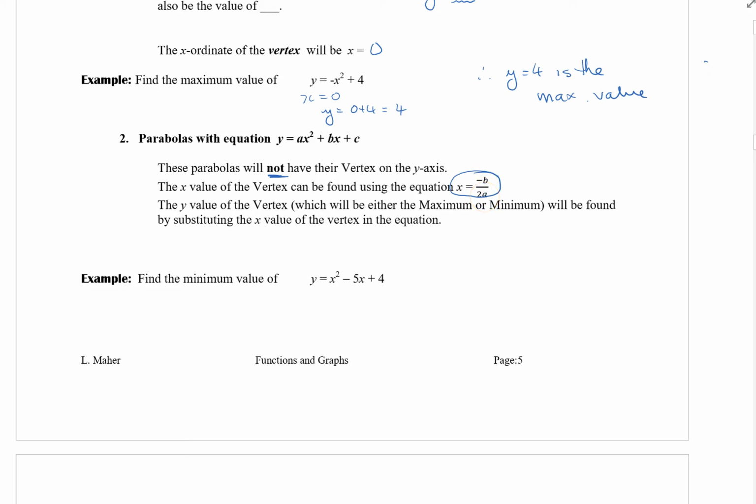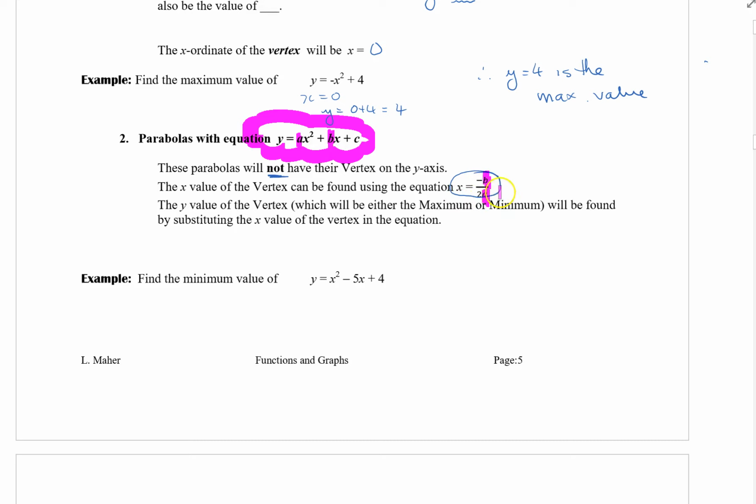And you're probably wondering, what's b and what's a? Well, remember the general form for the parabola is back here. So these are equations of the form ax squared, so there's your a, and bx, and we need that as well.